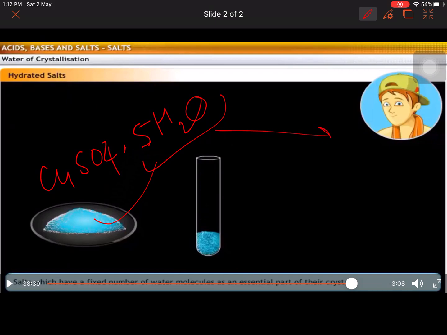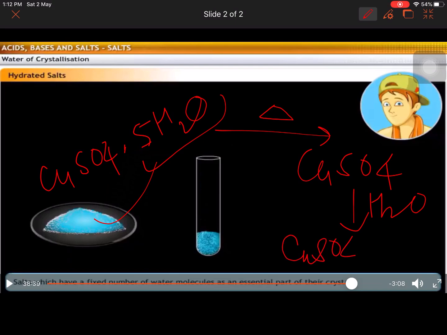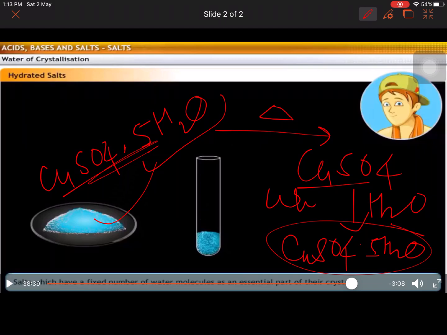When you heat it, it becomes CuSO4, because the water of crystallization gets evaporated. When you pour water onto this salt again, you get CuSO4.5H2O, and it becomes blue again. So when you heat this blue copper sulfate, it becomes white because the water gets evaporated.